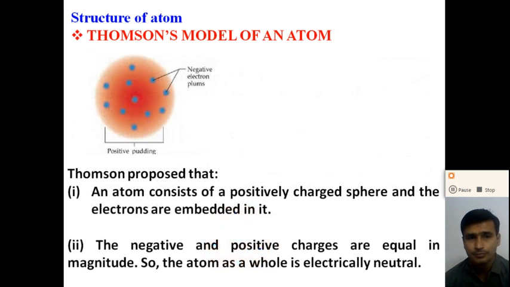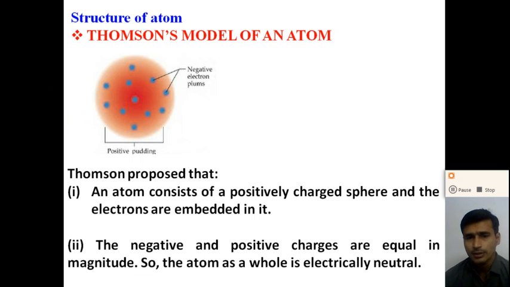J.J. Thomson proposed that an atom consists of a positively charged sphere and the electrons are embedded in it, right? So like this, all the positive charge is distributed over the small sphere and the negative charge is discretely distributed, embedded in the positive charge.